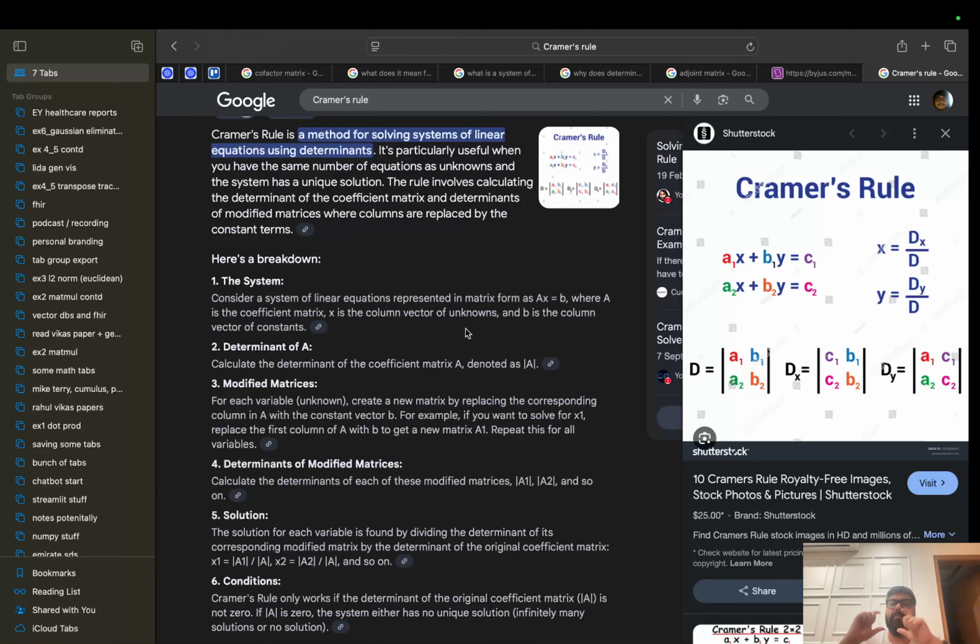So that's just a common way of representing a basic system of equations, and what you're actually trying to solve for is that vector X, right?